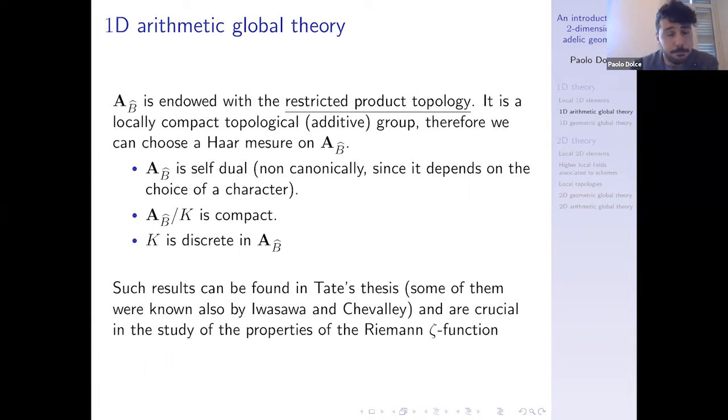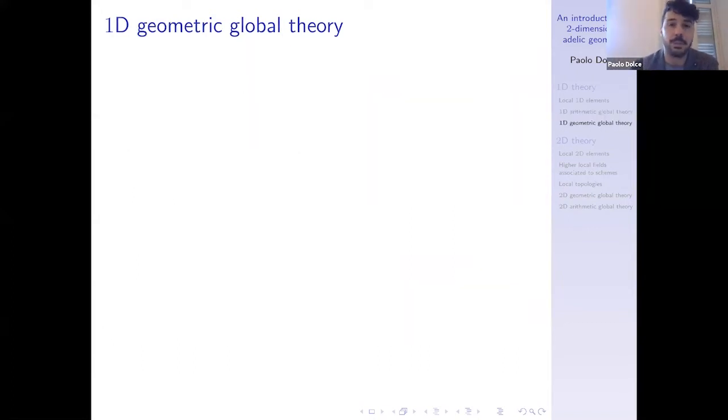Okay, so this is what I wanted to say about the arithmetic global theory: the definition of adeles and the most important topological properties. Now let's go to the geometric global theory. This is how the theory of adeles starts being unifying, in the sense that we can treat function fields and number fields almost the same way, but with some topological differences.